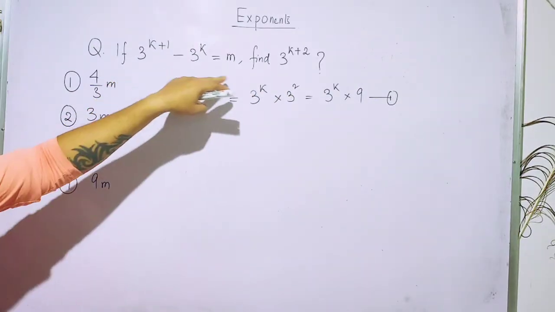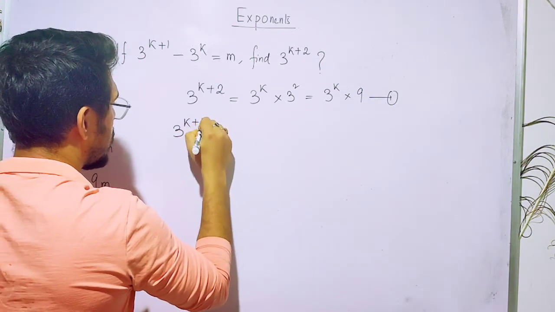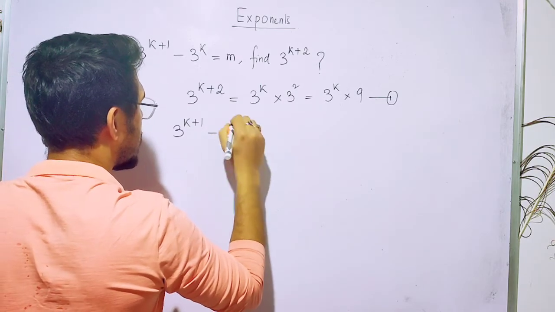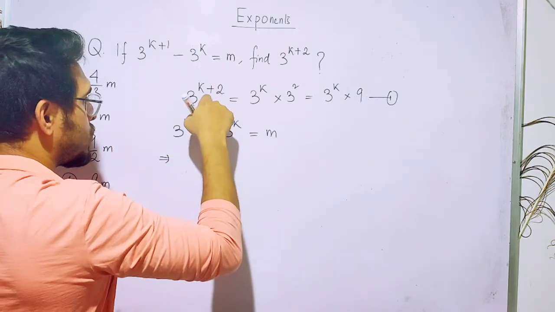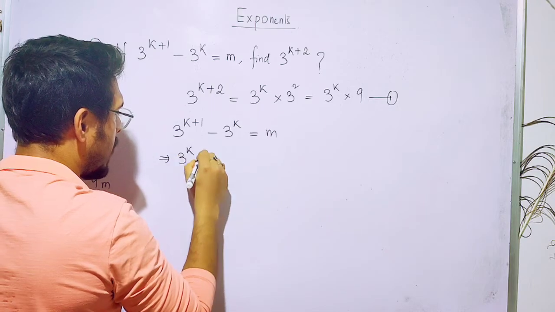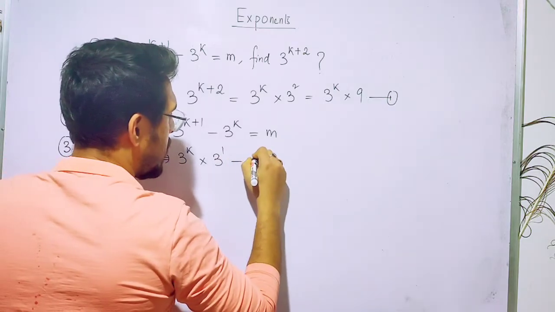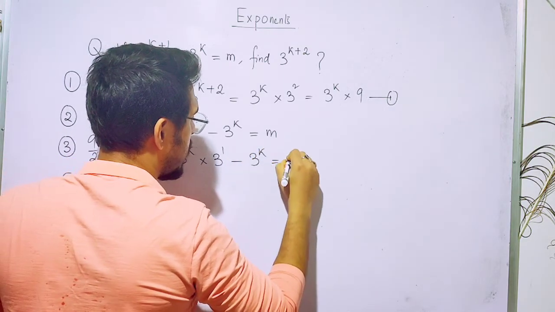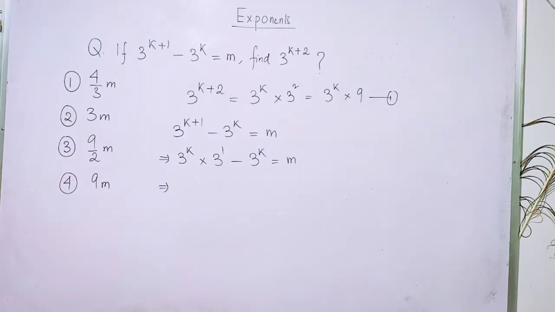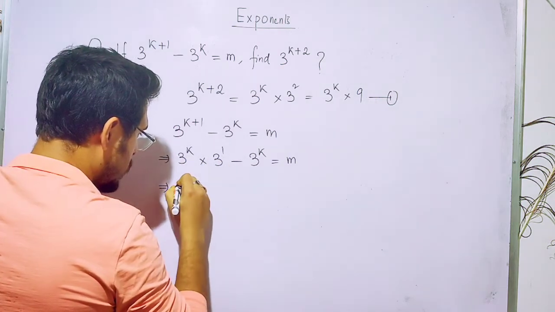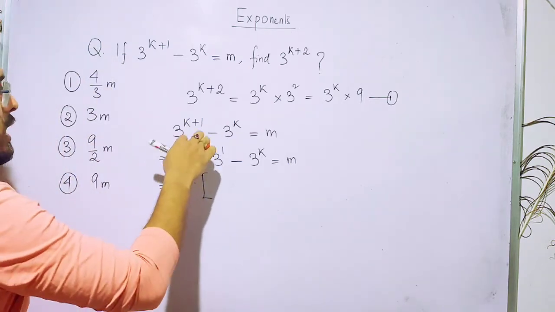Now let us try with this particular equation. Again, 3 to the power of k plus 1 minus 3 to the power of k equals to m, that is what is given. Now we can apply the same thing. So 3 to the power of k multiplied by 3 to the power of 1, minus this 3 to the power of k will be as it is, equals to m. Now we want to take 3 to the power of k common. If you take it common, in the first place you are taking away the 3 to the power of k.